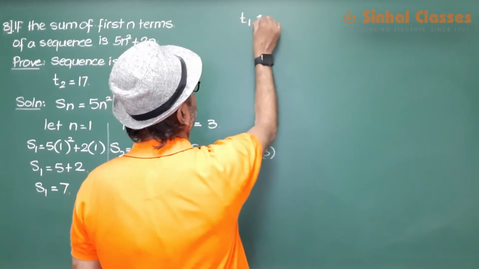You can see that the first difference 17 minus 7 is 10. The second difference 27 minus 17 is again 10. Therefore the common difference equals 10. Therefore it is an AP.